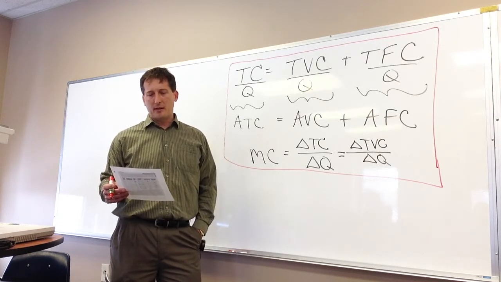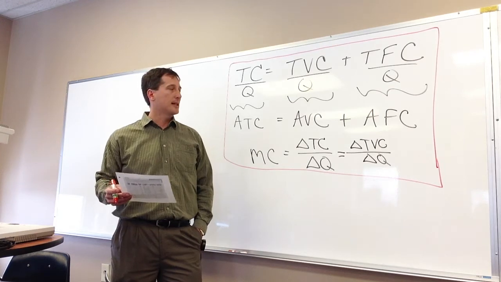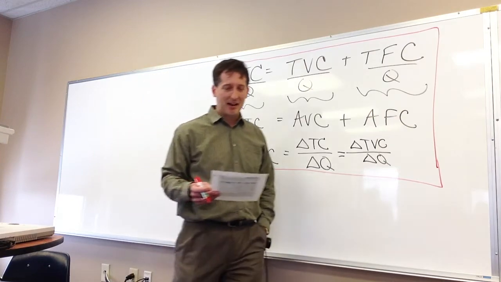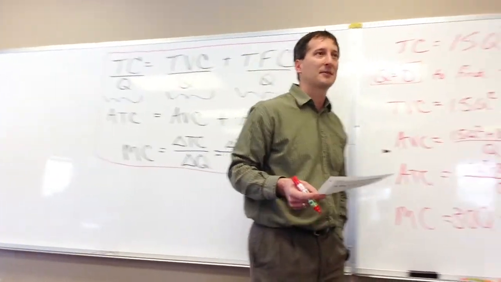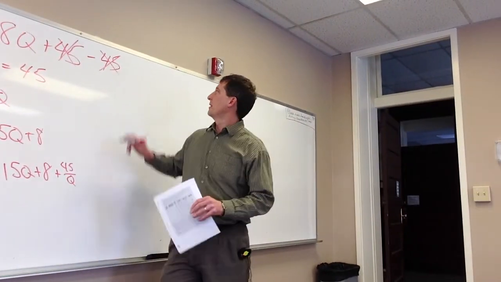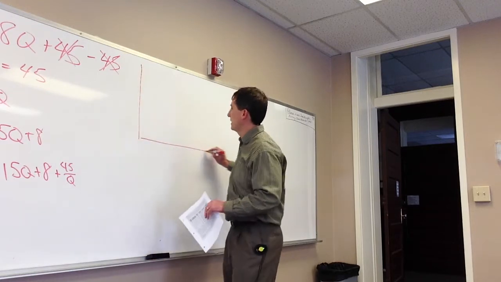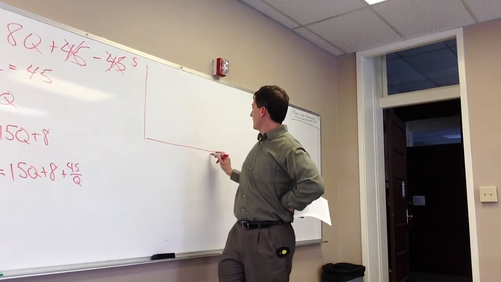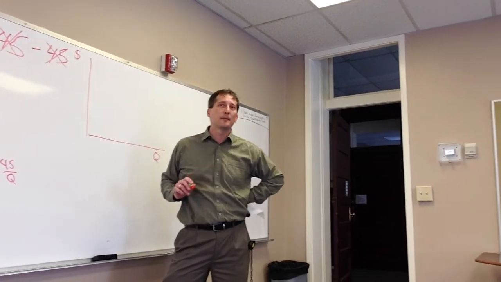Find the output level that minimizes average total cost. Thoughts there? Think back to the principles graph. We're measuring dollars here, quantity of goods here.